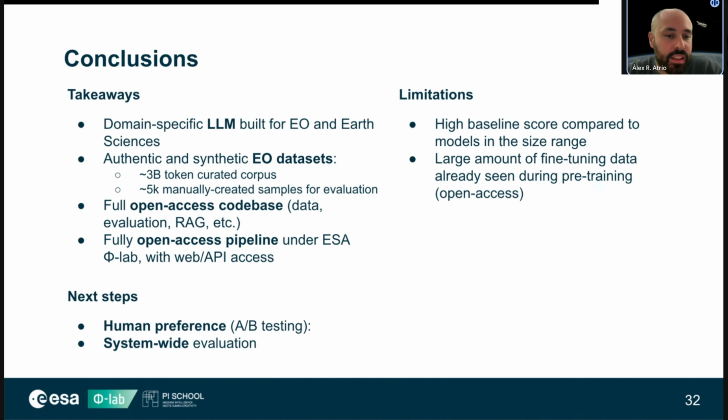Then also, as Jino presented, we released the authentic and the synthetic Earth observation datasets. So both the curated, processed corpus of around 3 billion tokens, which is the part that, due to license, we are allowed to release, as well as the around 5,000 samples created for evaluation in a variety of formats.